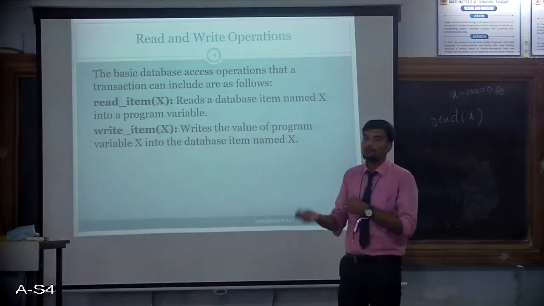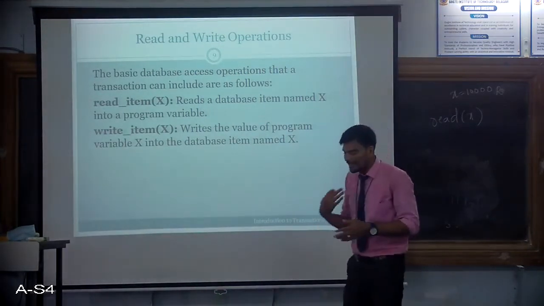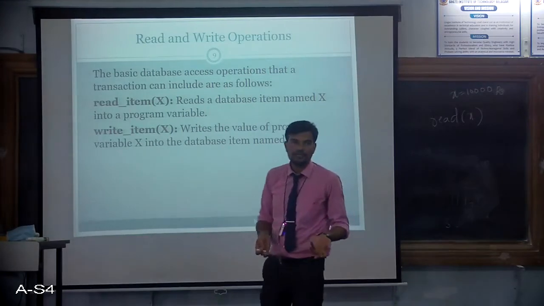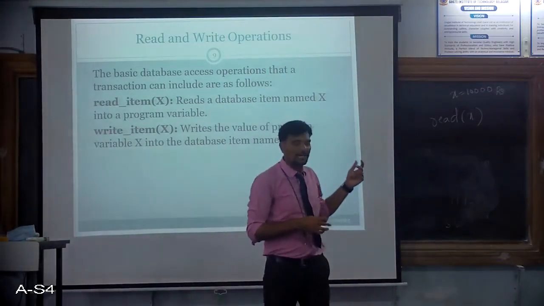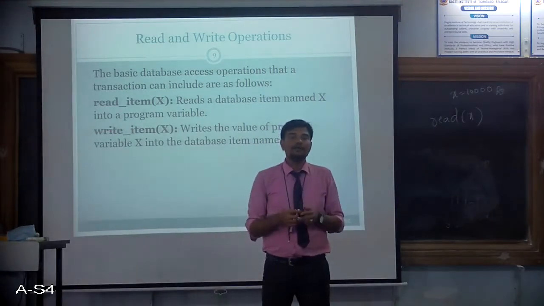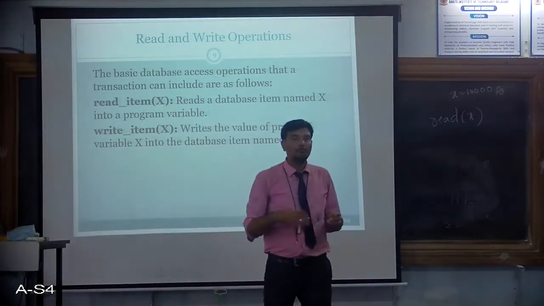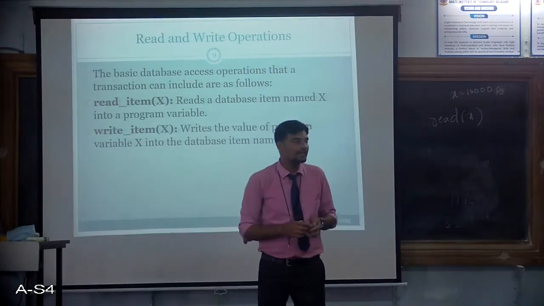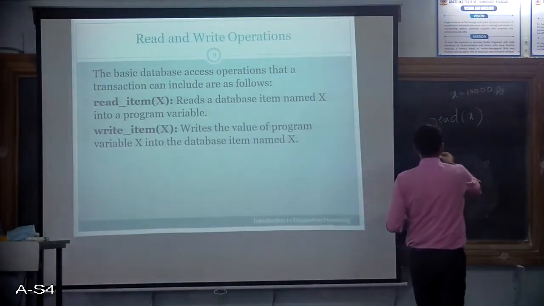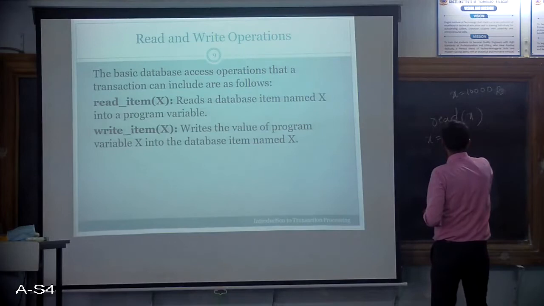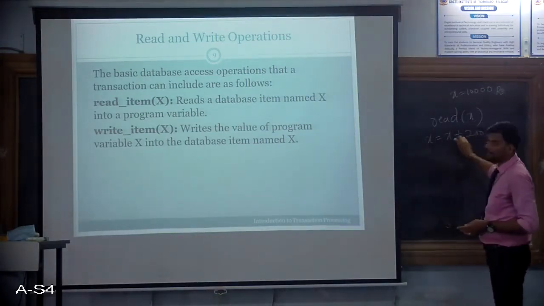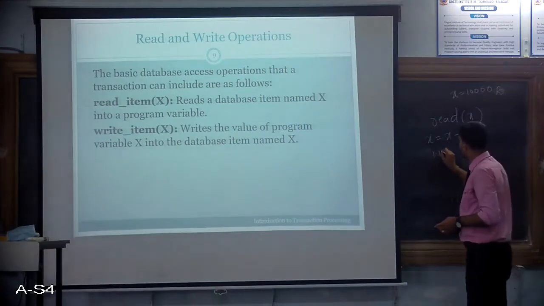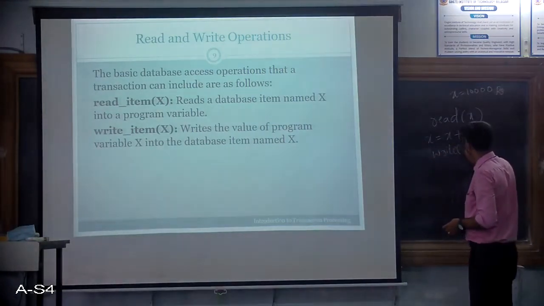After that, write item of X. Whatever data has been changed. Maybe you have read the X value, and then you are depositing an amount into the X account. Maybe you write X = X + 2,000.